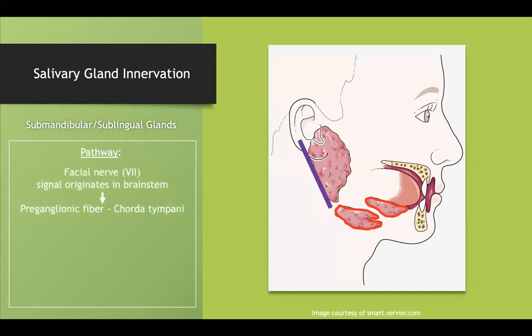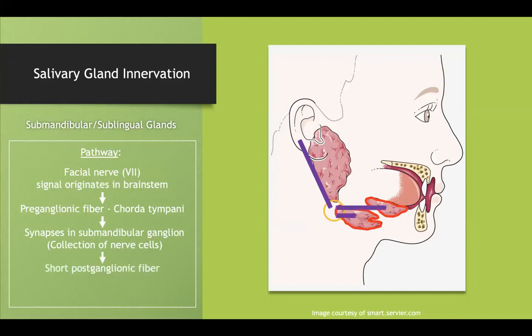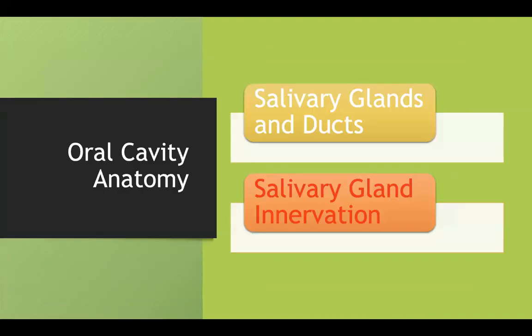Again, that travels down a long preganglionic fiber, which is known as the chorda tympani. The facial nerve has quite a few different preganglionic nerves, so the chorda tympani is one to know. That synapses in the submandibular ganglion, and then from there, postganglionic fibers come off of that ganglion to both of the different salivary glands, submandibular versus sublingual.